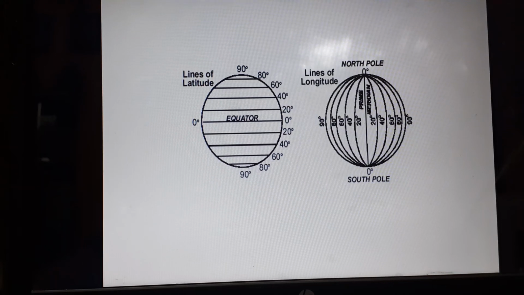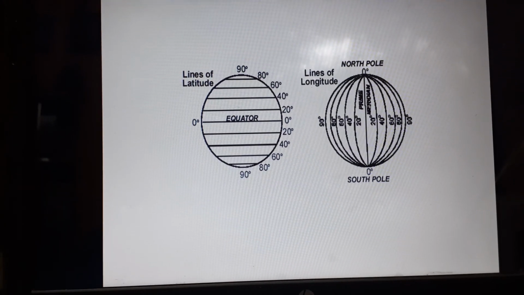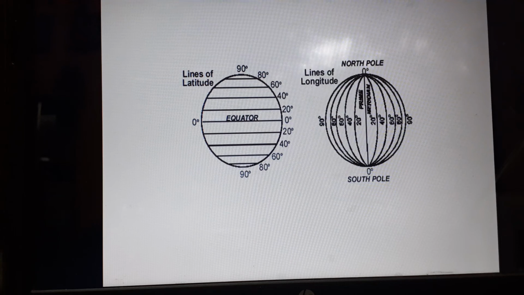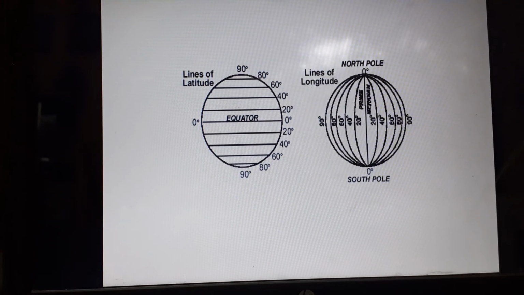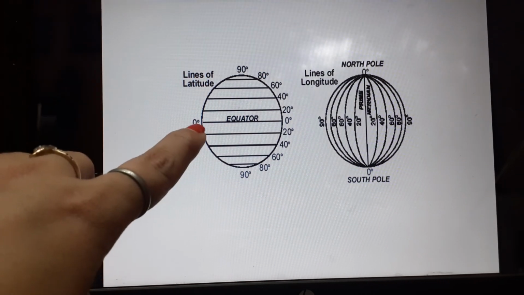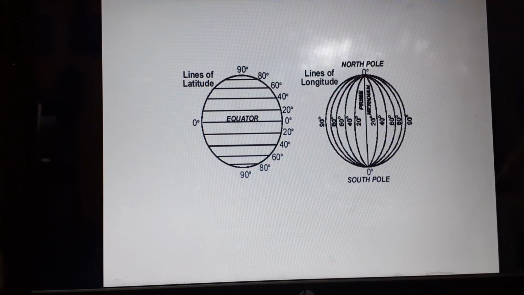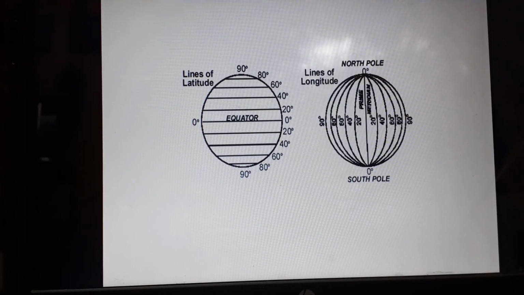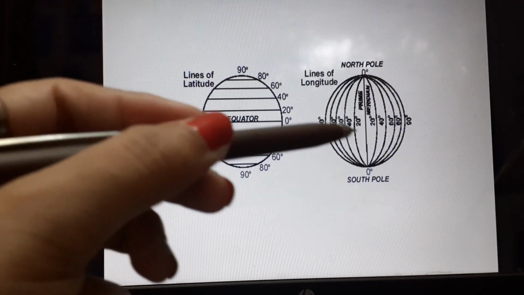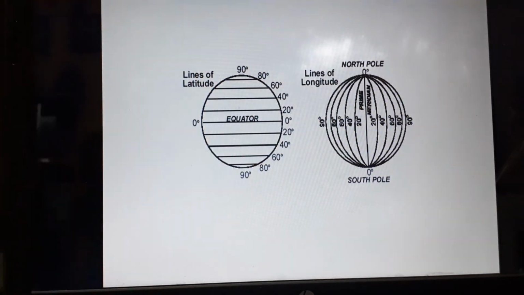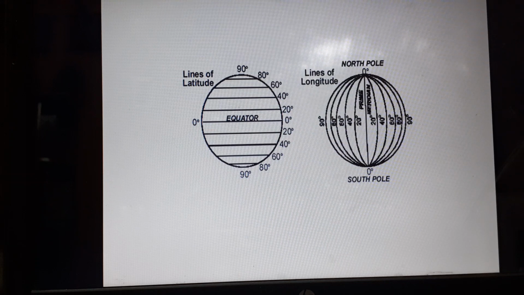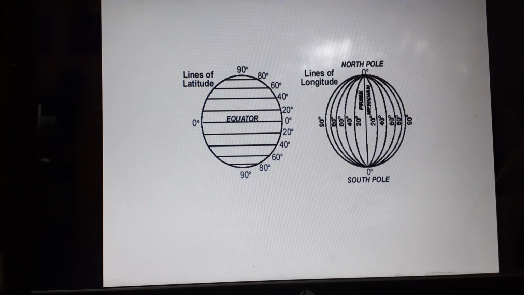These are the longitudes. As you have seen in maths, on a graph you have the x-axis and the y-axis, and it is the same on the earth. The latitudes are like the x-axis, and the longitudes and the prime meridian are like the y-axis.